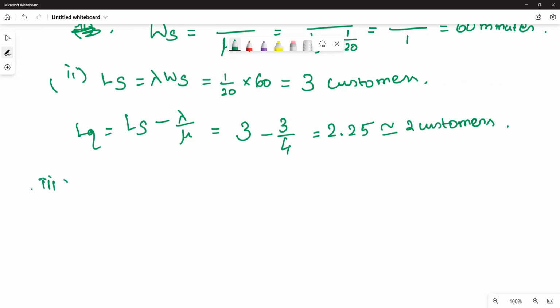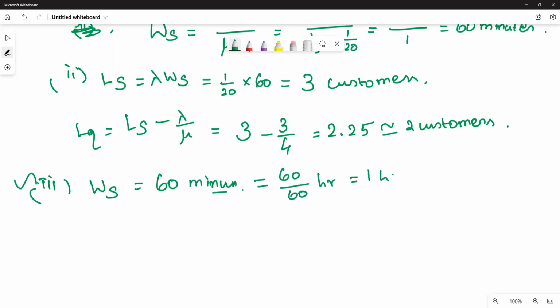Third subdivision, what is the expected waiting time in the system? That is WS. Already we have found it as 60 minutes. They have asked that the unit should be hour, so all the subdivision answers we will convert to hour. 60 minutes means 60 by 60 hour, that is 1 hour. Next subdivision, average time spent in the queue. That is WQ.